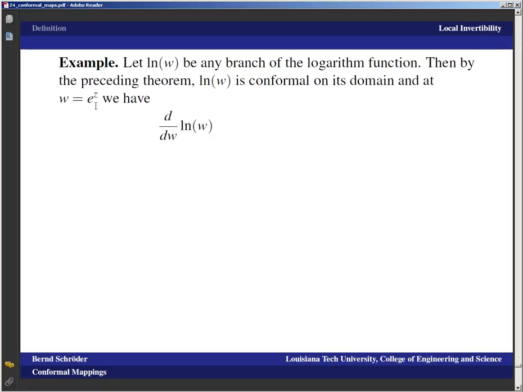And at a point w equals e to the z, we have that the derivative of the logarithm is 1 over the derivative of e to the z, which is 1 over e to the z, and that's 1 over e to the ln w, which is 1 over w, which is the derivative that we know the logarithm to have. It's 1 over w.